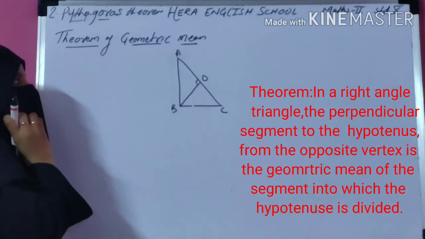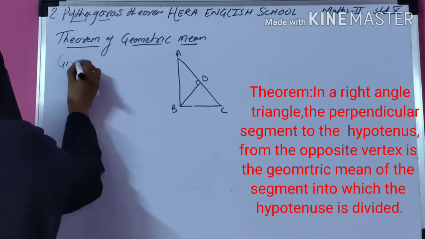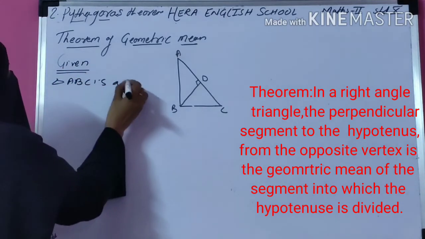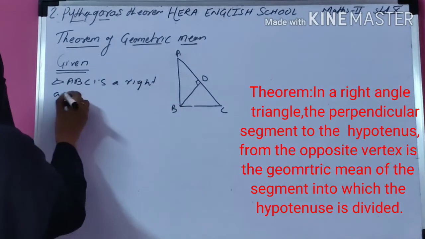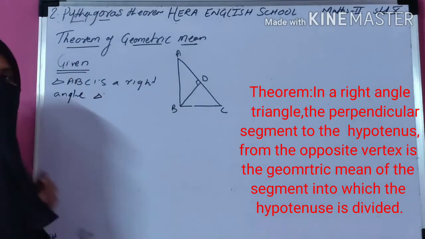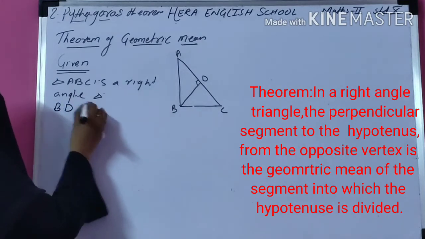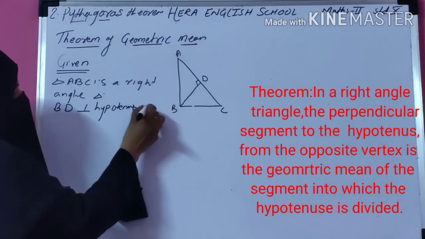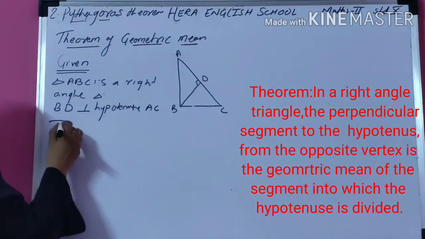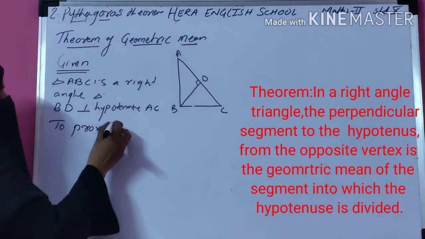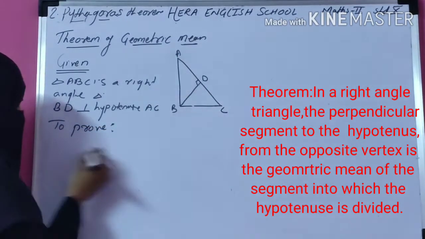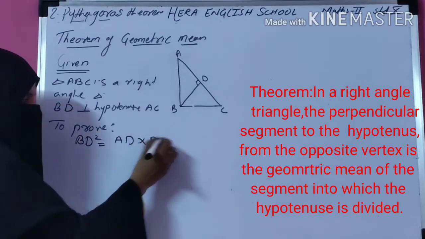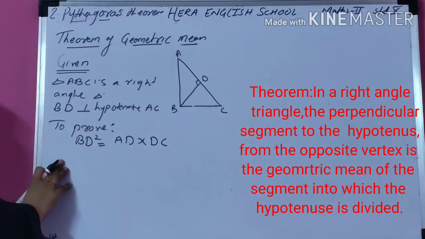Here in this theorem the given is: triangle ABC is a right angle triangle, and BD is perpendicular to hypotenuse AC. You have to prove that this perpendicular is the geometric mean. That means you have to prove BD square is equal to AD into DC. This is the geometric mean theorem.